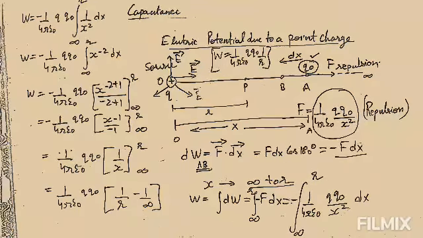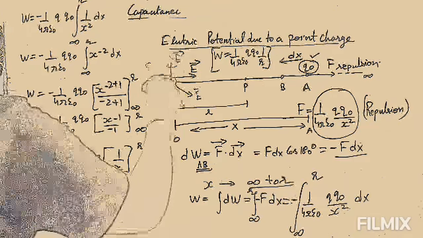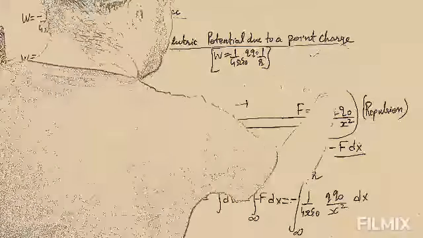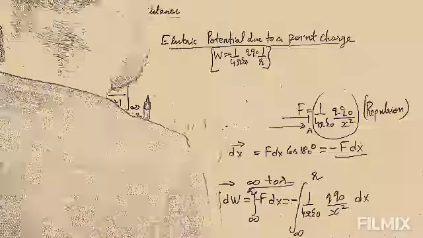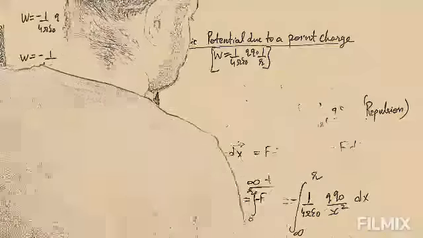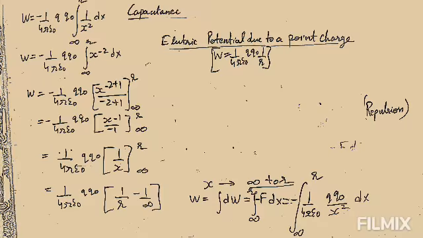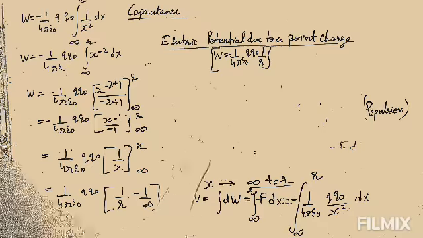Now we have to find the electric potential. So what will we do? We will be dividing the expression by the test charge. So that will be the electric potential at a given point due to a point charge. So electric potential at point P we have to find out.